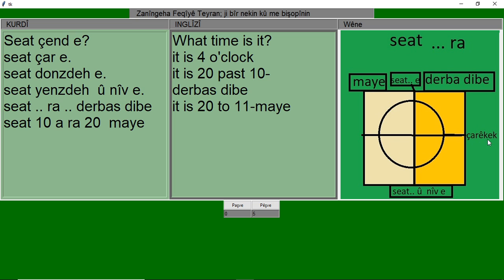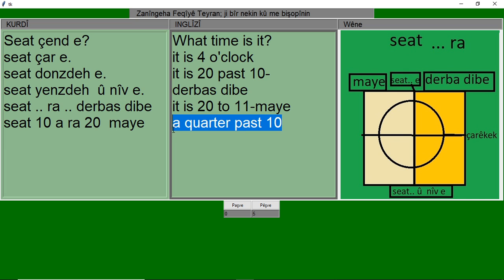And charikek means 15. A quarter past 10. What does it mean? It means it is 15 minutes passing 10.